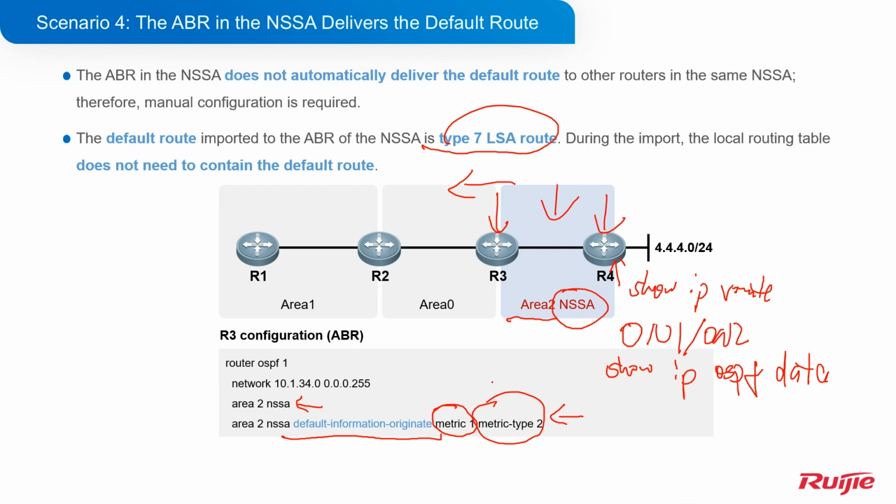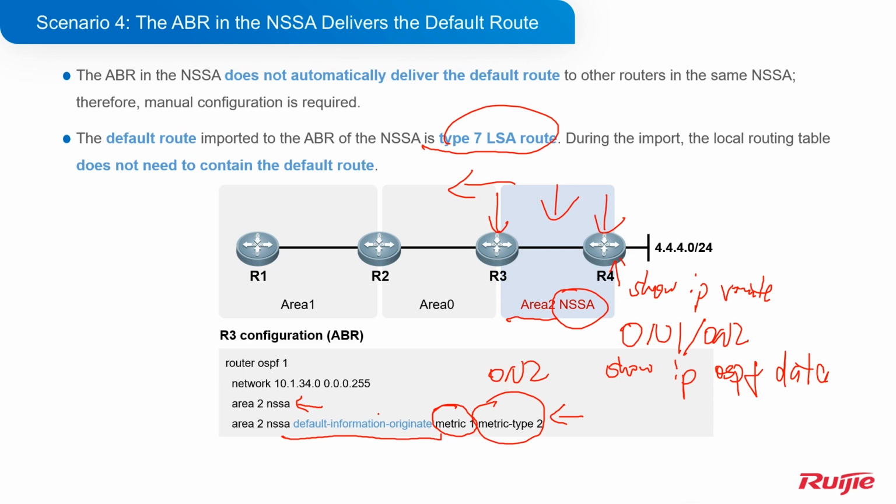It means if we see the routing entries in our routing table, we can see the type is 2. It means we will generate the O N2 routing entries in our routing table. Okay, so this is the command function for an NSSA area.